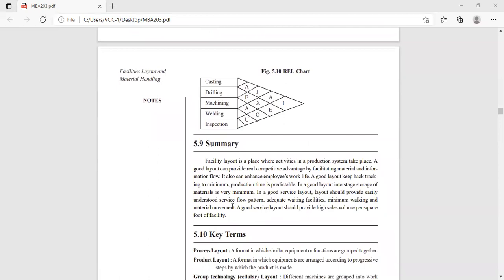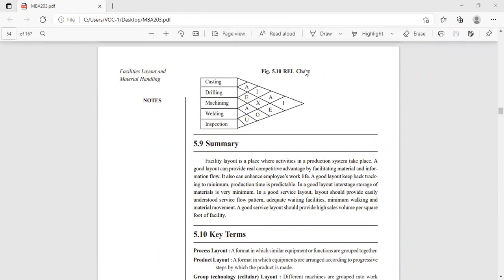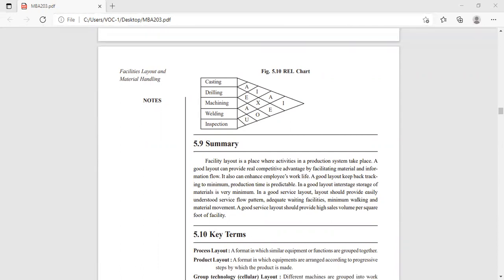So, summary: facilities layout is a place where activities in a production system take place. A good layout can provide real competitive advantage by facilitating materials and information flow. It can also enhance employees' work life. A good layout keeps track so that production time is predictable.